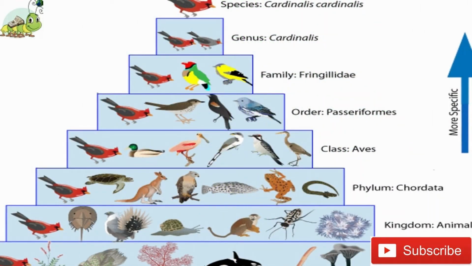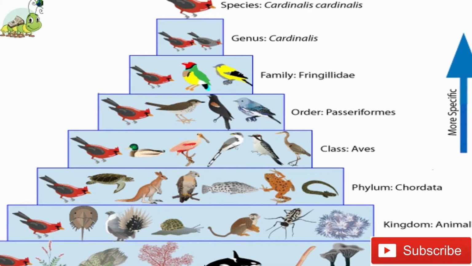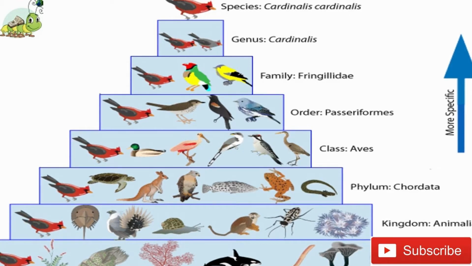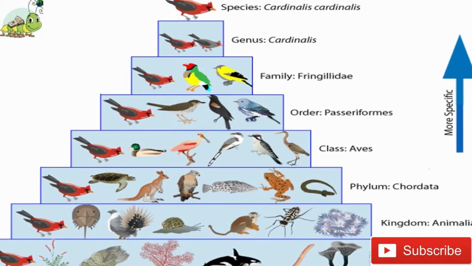Last one, the species. Species is the most specific major taxonomic rank. Species are sometimes divided into subspecies, but not all species have multiple forms that are defined enough to be called subspecies.